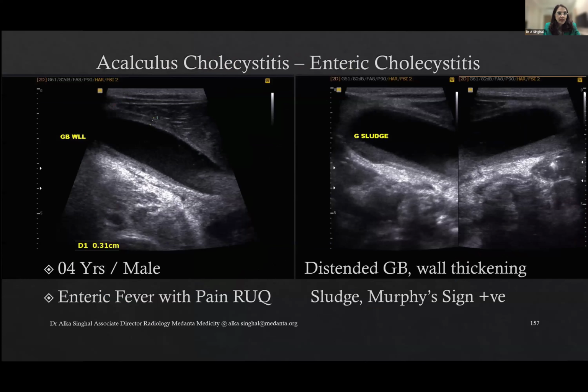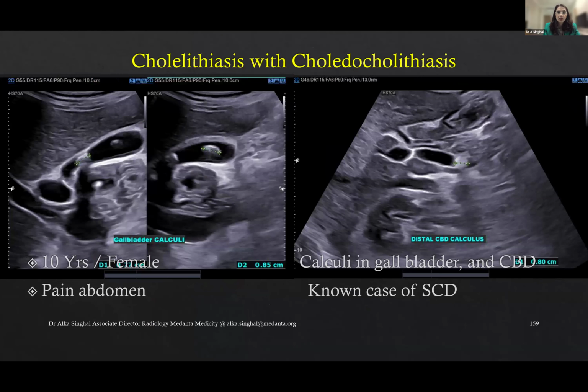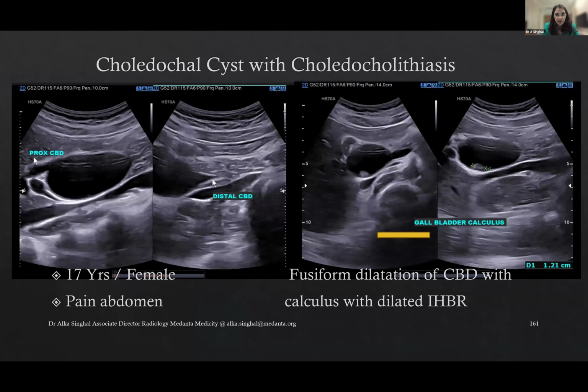Of course, the biliary tract abnormalities: acute cholecystitis, calculi, stones, thickened wall, rupture, perforation, gallbladder abscess. All these things can be seen. Choledochal cyst, stones in the choledochal cyst, dilatation of the IHBR, various other abnormalities can also be seen.